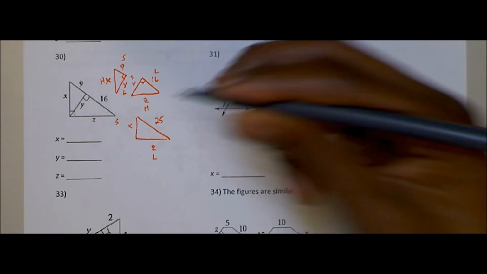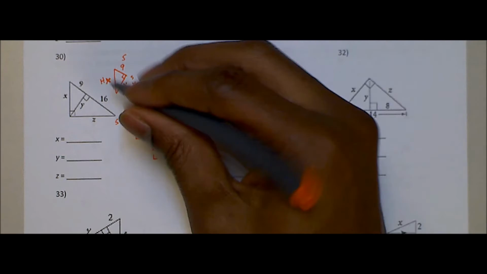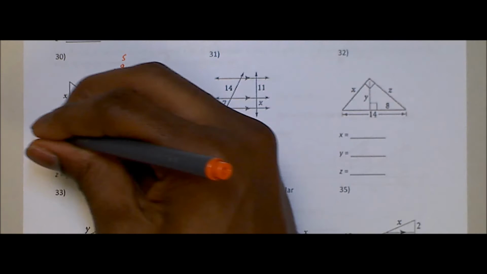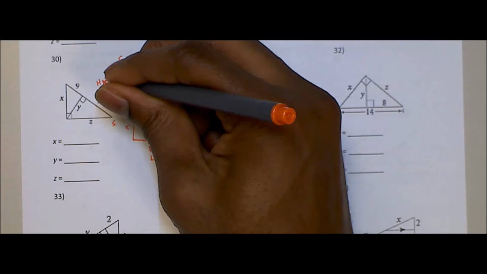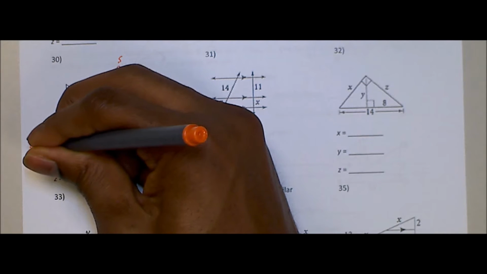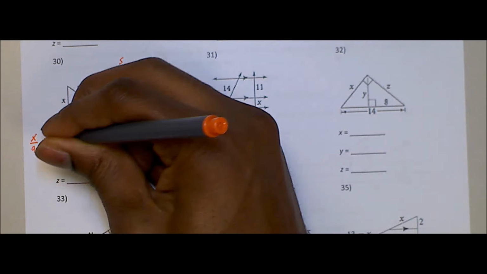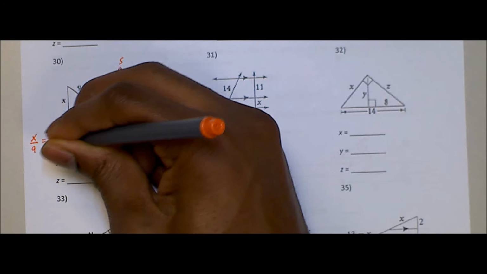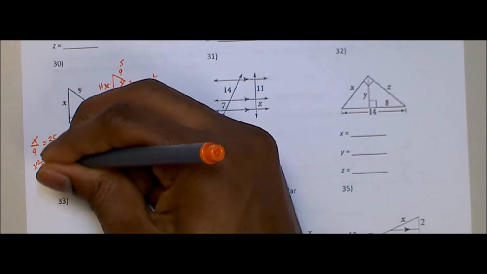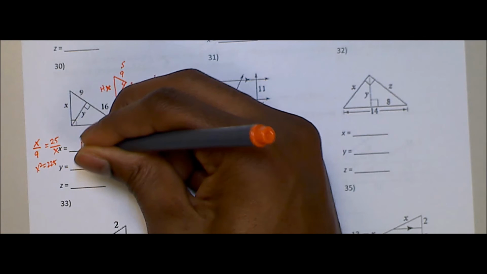Okay, so as I look for x, I see that x is the hypotenuse and the short. So I can solve that using hypotenuse over short, x over 9, hypotenuse over short, 25 over x. Cross multiply, x squared is 225. It means x has to be 15.